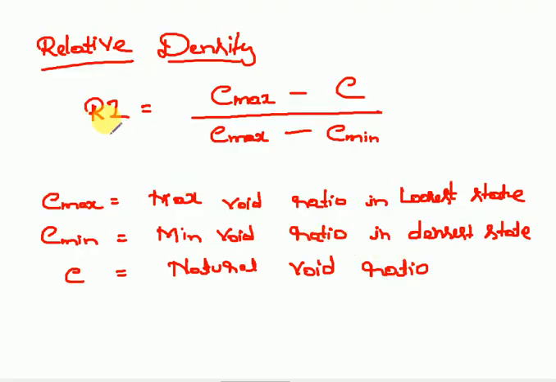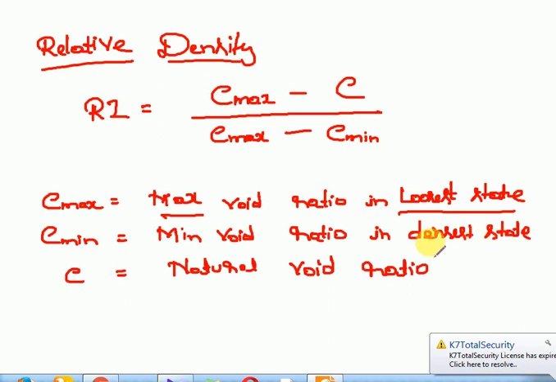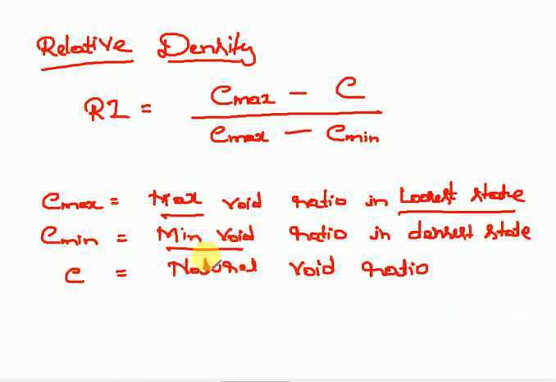This is the formula for relative density: Emax minus E divided by Emax minus Emin. Emax is the maximum void ratio in the loosest state, Emin is the minimum void ratio in the densest state, and E is the natural void ratio.